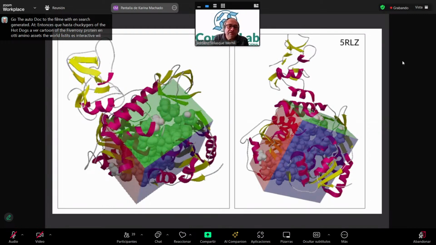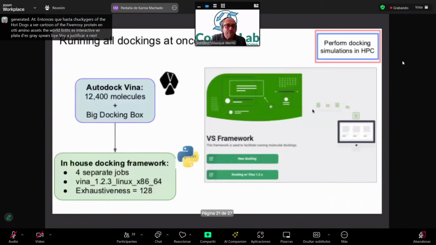We plotted them as these gray spheres, and then we adjusted this box as the search box for all the docking simulations. And next slide, please.